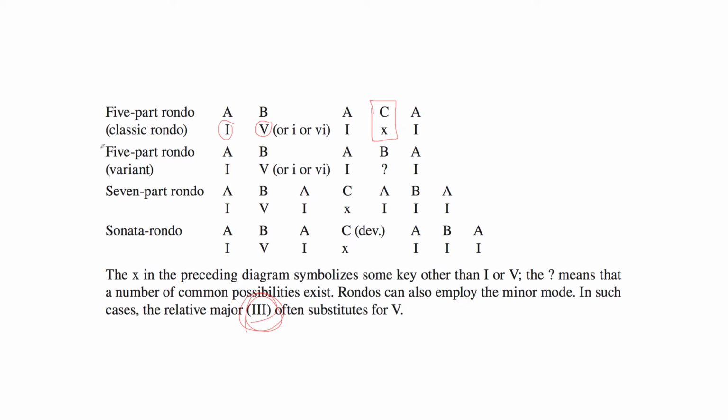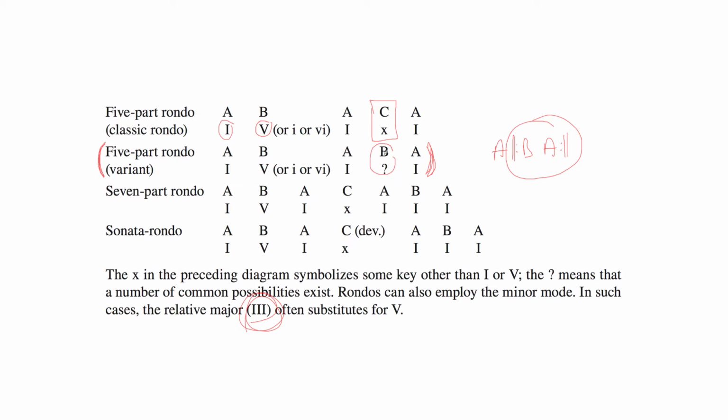There is a very rare variant of 5-part rondo. This is basically a ternary form, like A, B, A. We can think of it as the second part being repeated, but the difference is B should be on another degree.